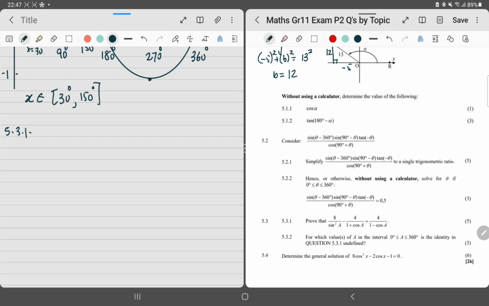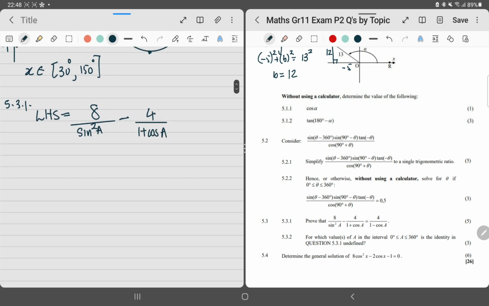5.3.1. So we need to prove the identity. The left hand side is equal to 8 over sine squared a minus 4 over 1 plus cos of a. When I look at the right hand side, I do not have any sine there.